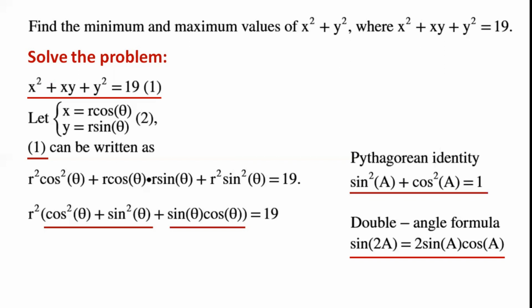So sine theta cosine theta equals a half sine 2 theta. So we can now write r squared times (1 plus a half sine 2 theta) equals 19.